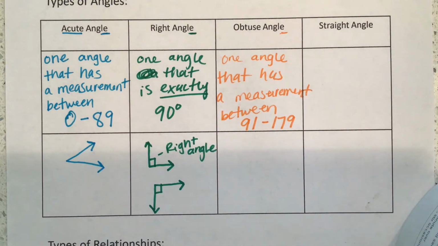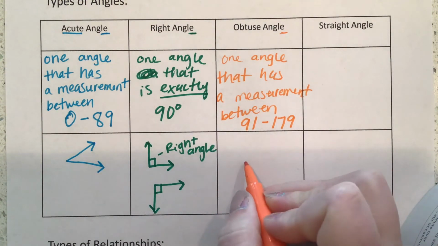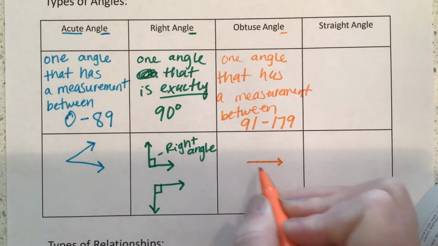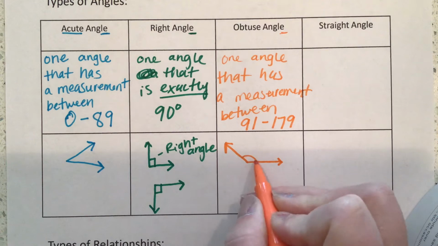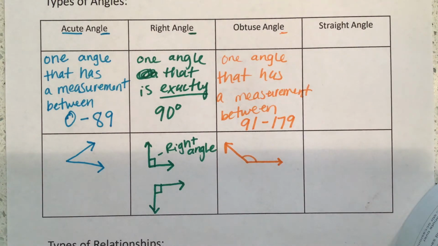Because 180 is going to be something completely different. So an obtuse angle, if you start with a straight line like this, an obtuse angle would have to go out bigger than a 90-degree angle. So I'm going to have you copy this one and then draw another obtuse angle underneath.